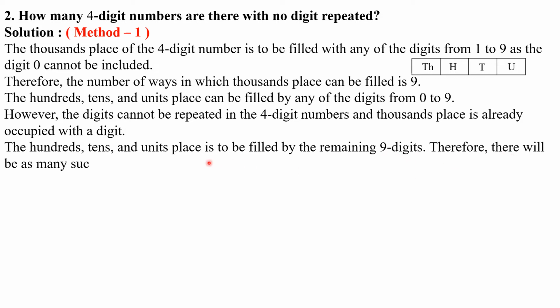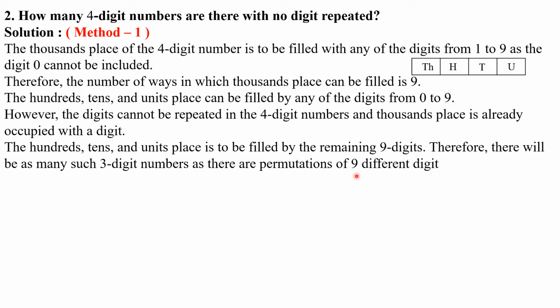Therefore, there will be as many such 3-digit numbers as there are permutations of 9 different digits, taking 3 at a time.